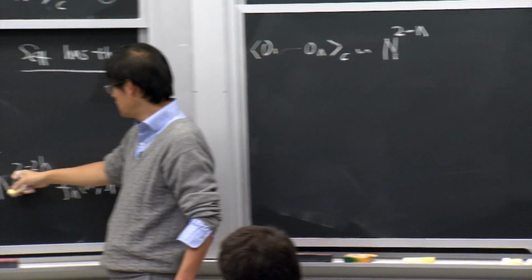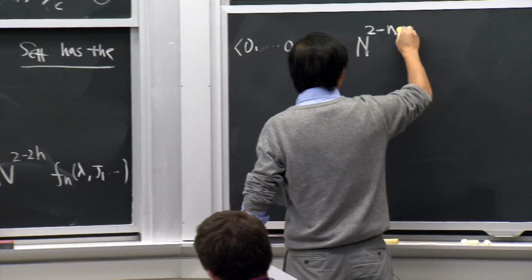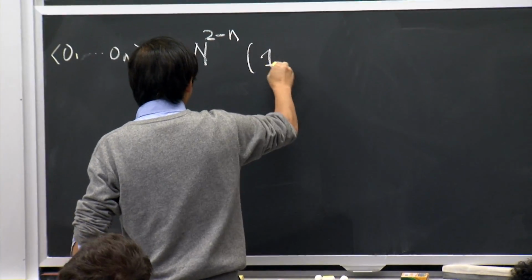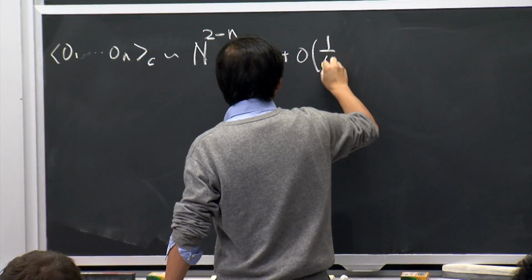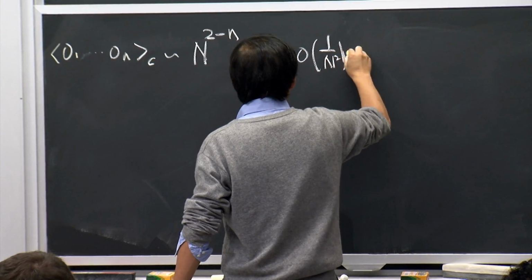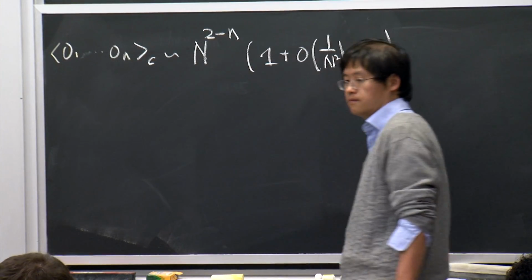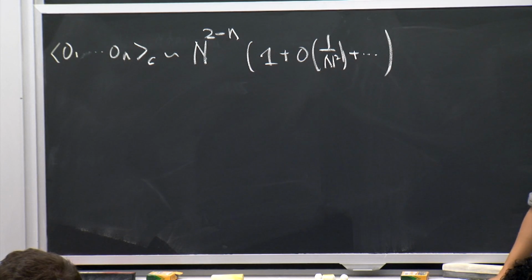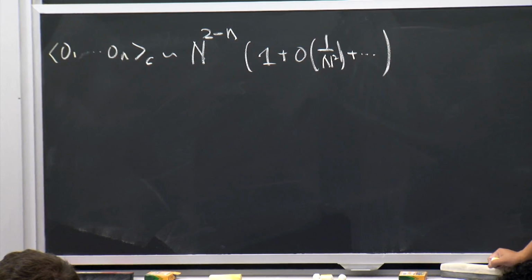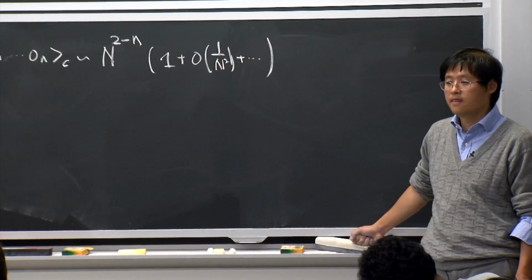Because the leading order is n squared, it's 2 minus n, and then suppressed by 1 over n squared, etc.